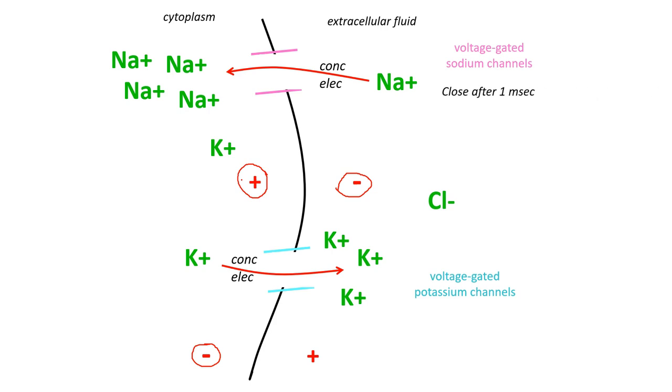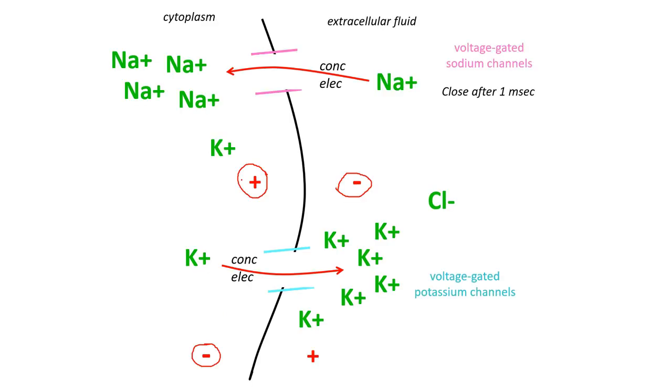The voltage-gated sodium channels demonstrate a time-dependent closing, so they close after about 1 millisecond, and potassium continues to leave the cell, making the inside once again more negative compared to the outside. Because when positive ions leave the cell, they leave behind negative charges.